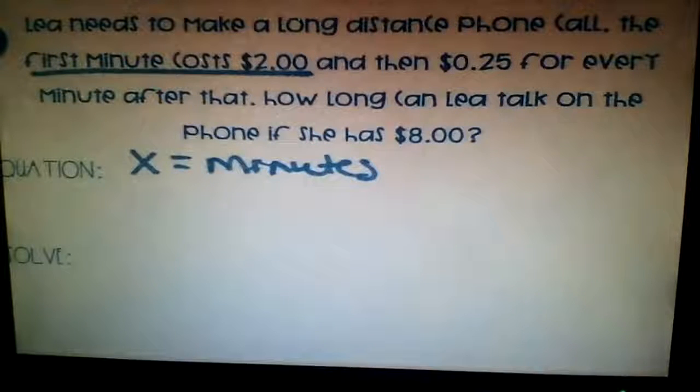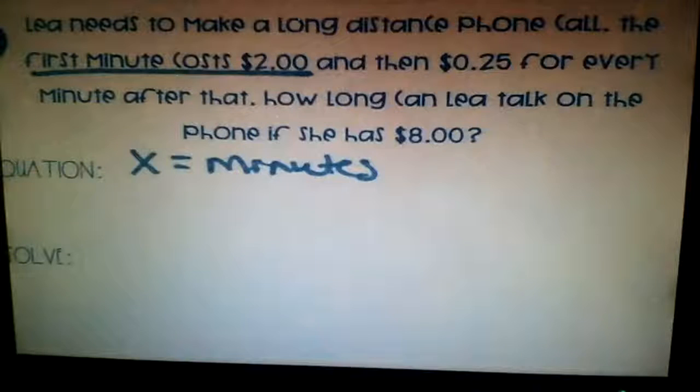Okay, if X is the minutes, and she's being charged, let's say, $1. Okay, hold on. Let me go with this. So, let's say your answer is 20 minutes. She's been on the phone for 20 minutes. So, this takes care of the first minute.